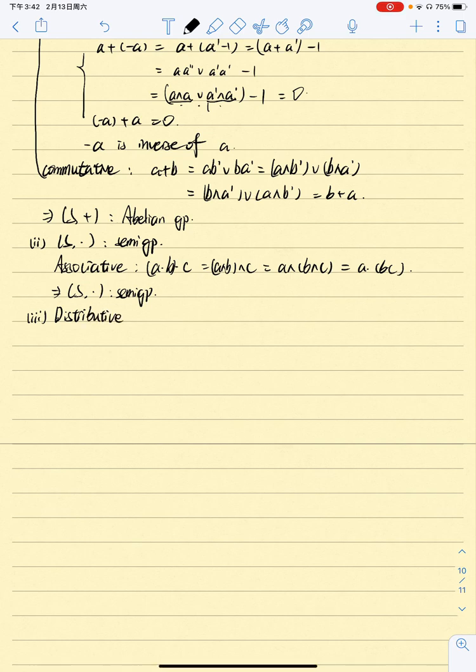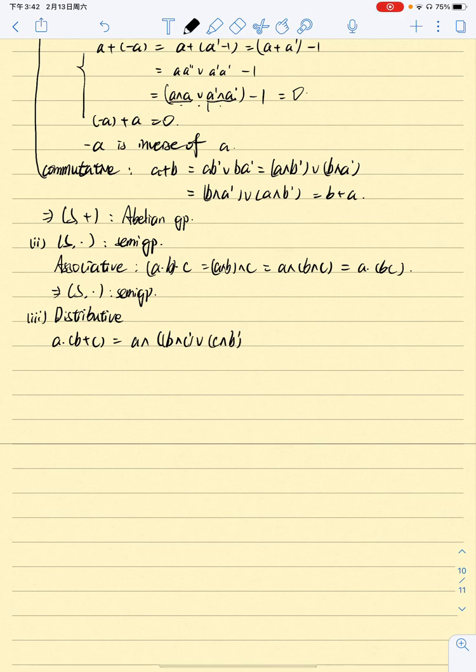That means for element ABC, if A times B plus C, we want to show this is equal to AB plus AC, right? Okay, let's see. A and B and C prime or C and B prime.